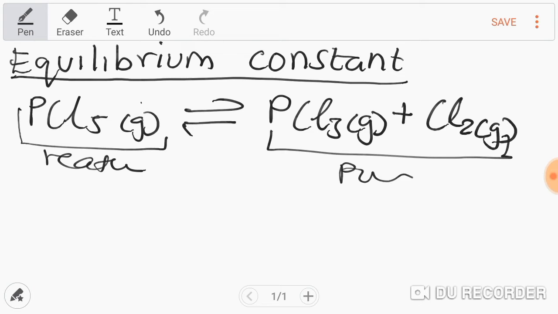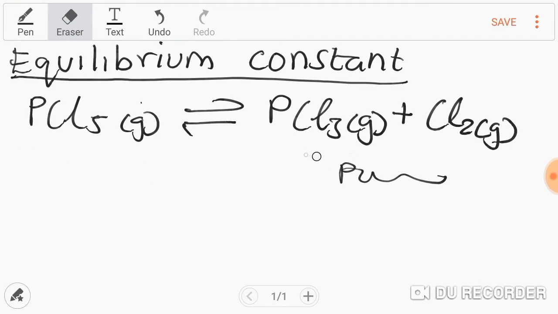Reactant, product. I hope you still remember the formula for the equilibrium constant. So if we are given the equilibrium concentrations as follows.